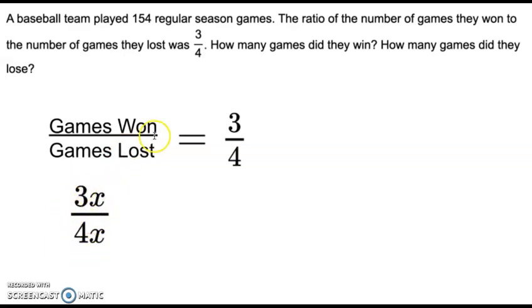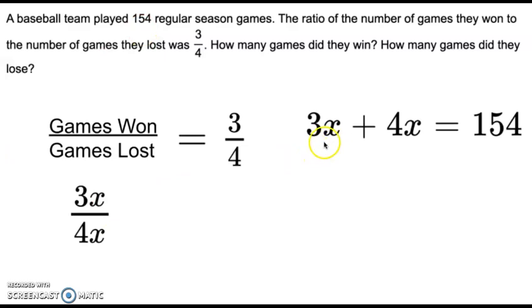So now what we do is, since total they played 154 games, you will add the number of games won plus the number of games lost and set that equal to 154. Combine like terms, you get 7x equals 154, divide both sides by 7, and x equals 22.